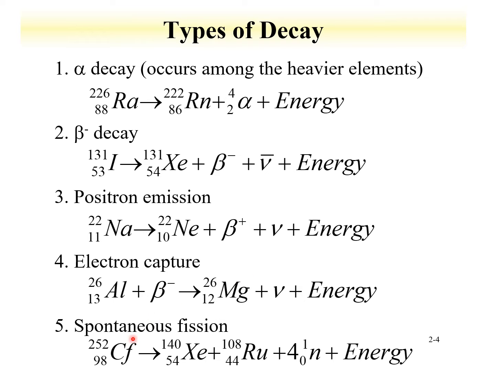An example here is californium-252 going to an isotope of xenon, an isotope of ruthenium, and then some neutrons, and of course with energy produced. These aren't the only decays. There are other more exotic decays that we'll discuss in the course, but these are the primary decays that are dominant in the chart of the nuclides.